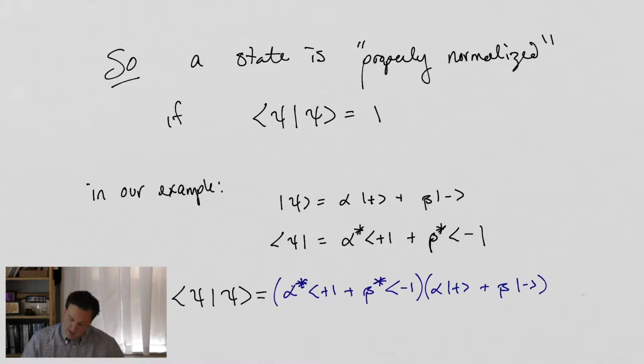In principle these are 4 terms, but orthonormality tells me that plus dot plus is going to be 1, minus dot minus is going to be 1, and the cross terms are 0. And so this turns out to be alpha star alpha plus beta star beta, which in human terms is just that all of the probabilities have to equal 1 if I'm going to call this a normalized state.